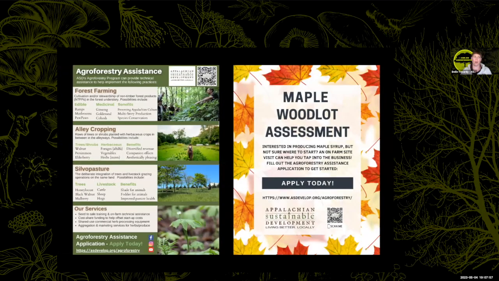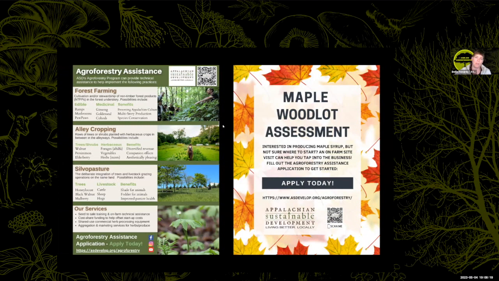So first off, our Agroforestry Technical Assistance Program. This is basically free technical assistance to folks in the areas of forest farming, alley cropping, and silvopasture. You can go online and fill out the TA application form. It only takes 10 minutes tops, probably more like 5.